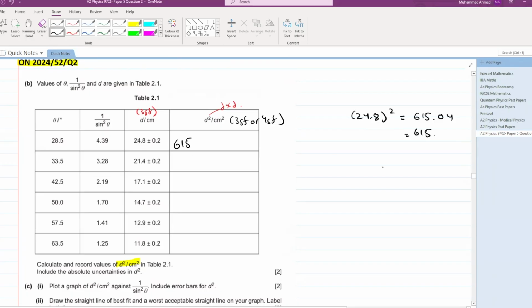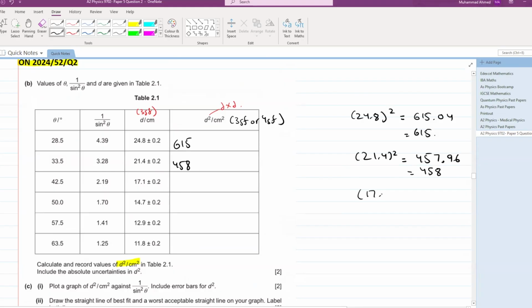Let's do it for the second row. 21.4 whole square comes out to be 457.96. If you convert it to three significant figures, this will become 458 because the fourth digit is greater than or equal to 5. 458. Perfect.